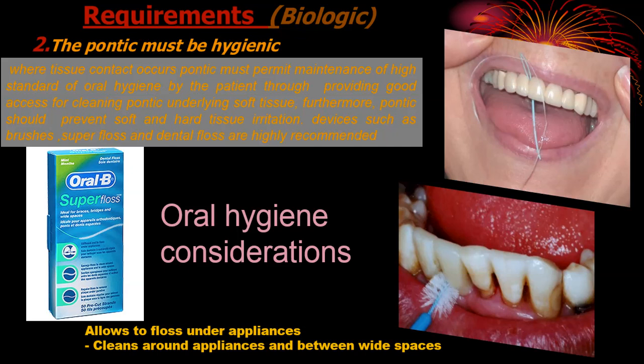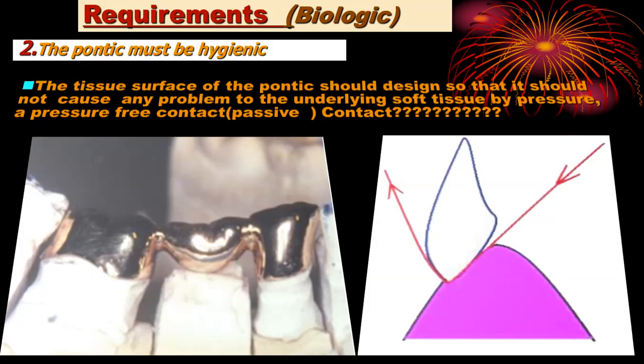and no gingival inflammation. In addition, the design of a pontic should be done in such a way that it does not apply any pressure to the underlying soft tissue, because inflammation can be initiated or stimulated by pressure.